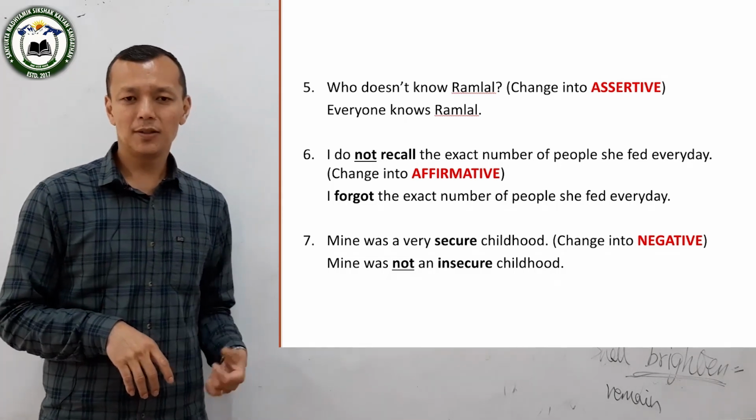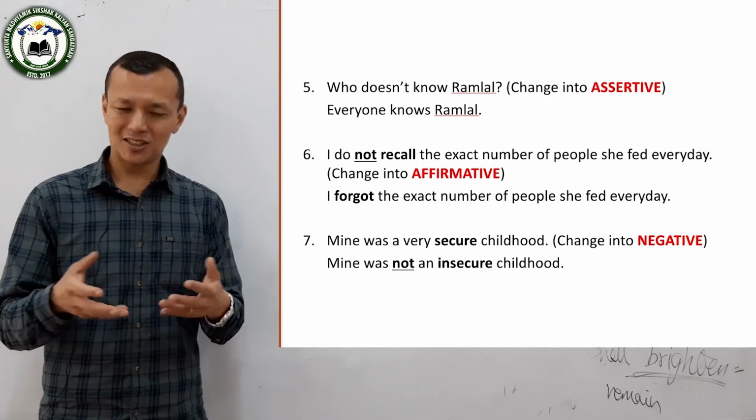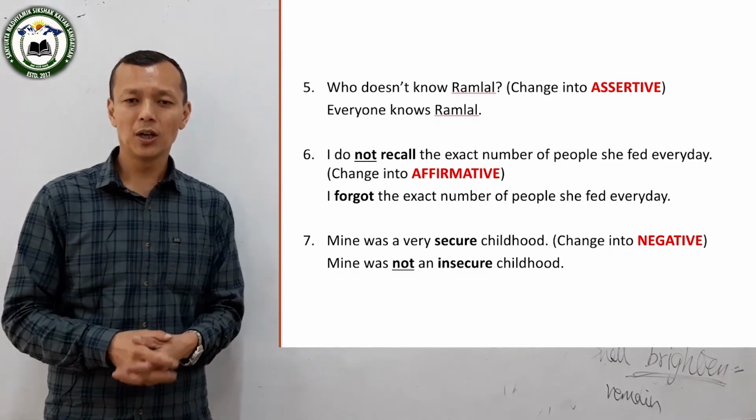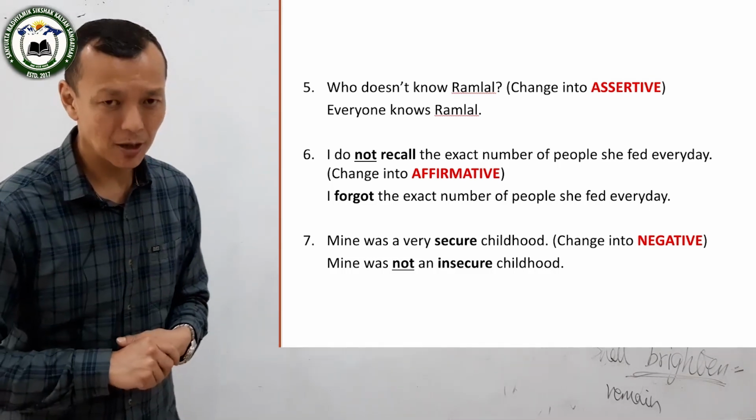I hope this discussion using the examples has made it a lot clearer to you, and I hope you will be able to do this more or less correctly in your exams.